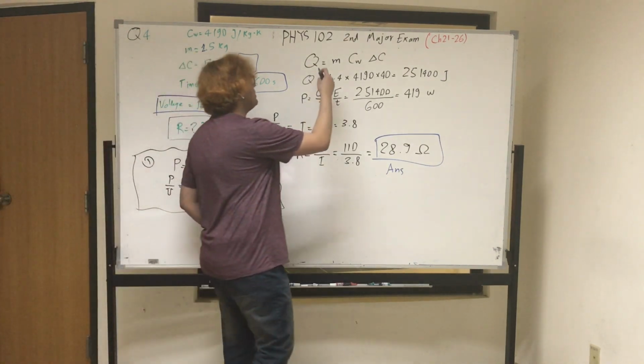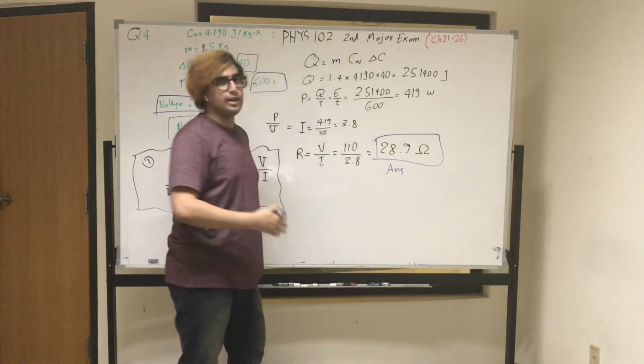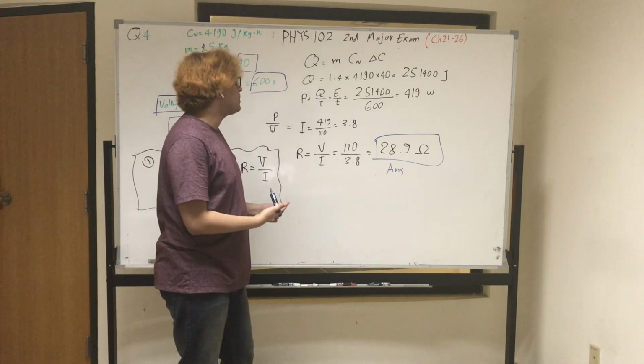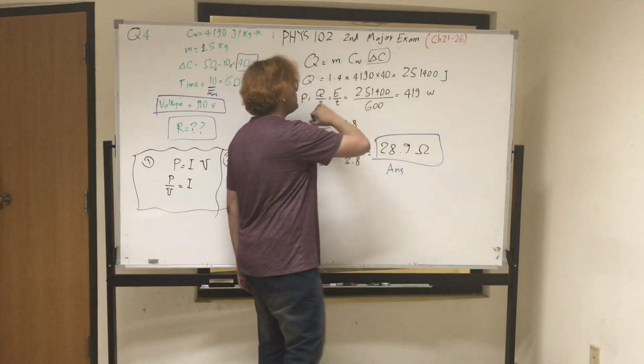We have an equation that gives you the energy required to raise the temperature of anything. If you have some sort of material and you increase its temperature, this here is the change in temperature.